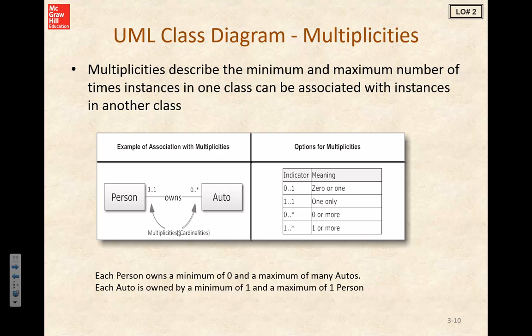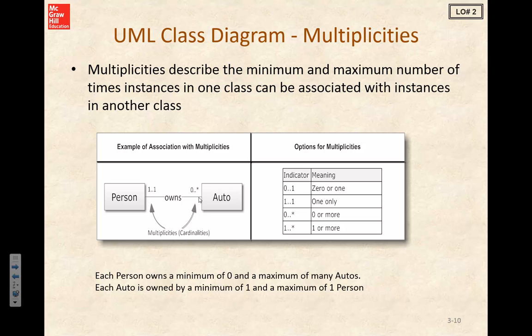So let's take a look. We've got our two different entities here: a person and an auto. And we're looking at the relationship of ownership. Starting here with each person, we're going to take a walk down this relationship.